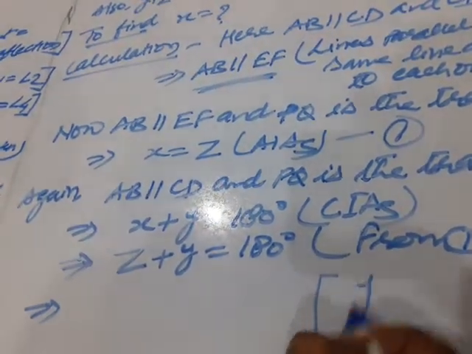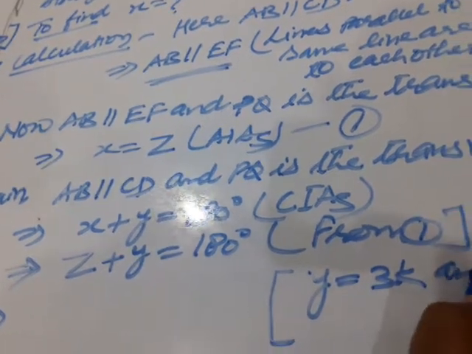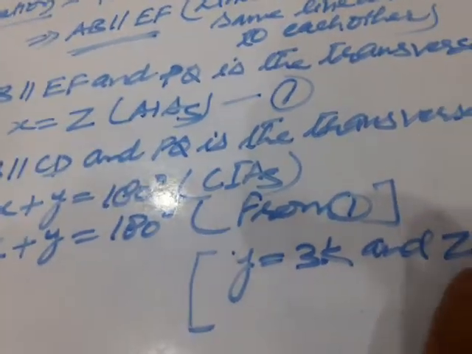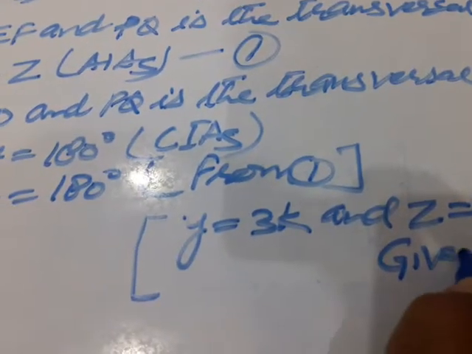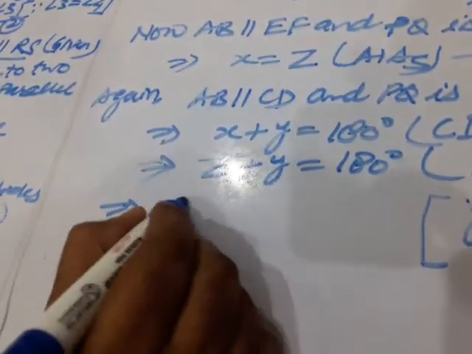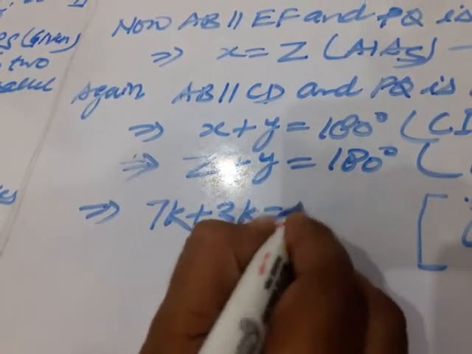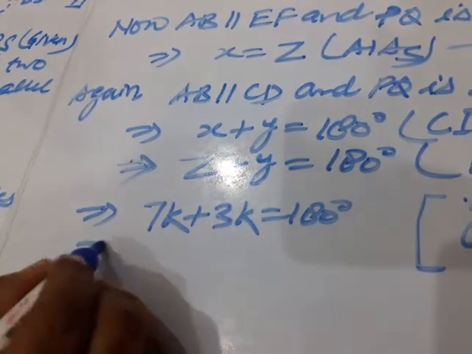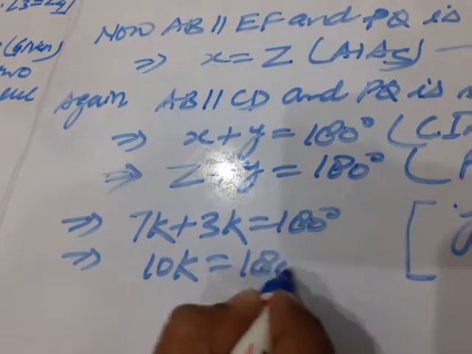This implies that Y equal to 3k and Z equal to 7k. Putting Z equal to 7k and Y equal to 3k: 7k plus 3k equal to 10k equal to 180 degrees.